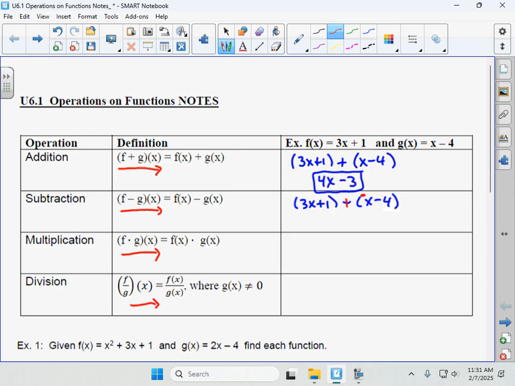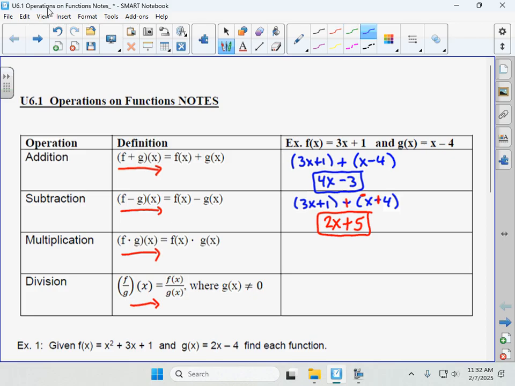Right? So all the signs on the right side will change to their opposites. And now it's just combining like terms. Right? So then we get 3x plus negative x is 2x. And then 1 plus 4 is 5. Right? So subtraction, we have to make sure we distribute that negative to the right side polynomial, and then combine like terms.